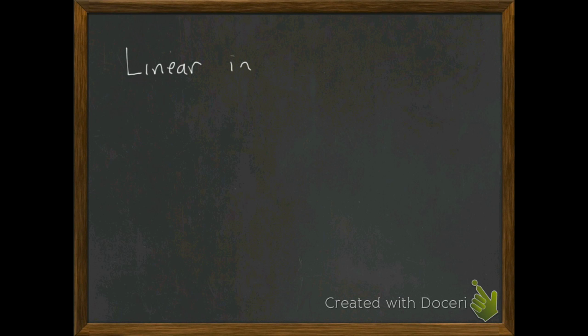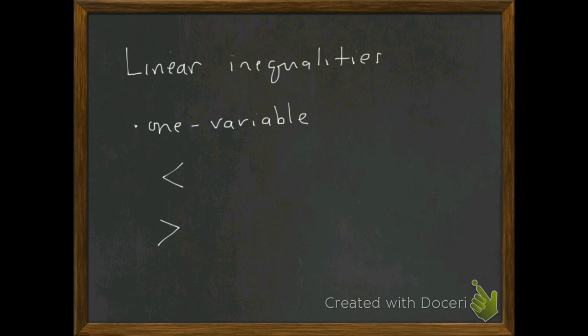Now, let's look at a couple of linear inequalities. Let's start out with the first one, just a simple one variable. Now guys, there are 4 symbols for linear inequalities.